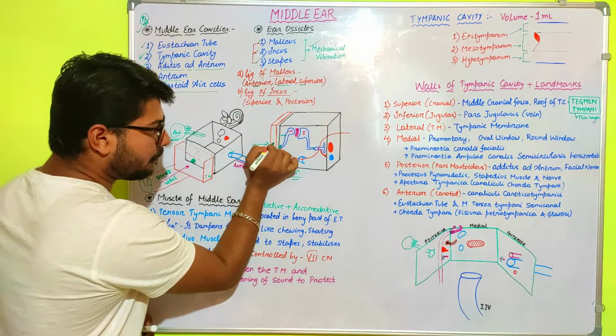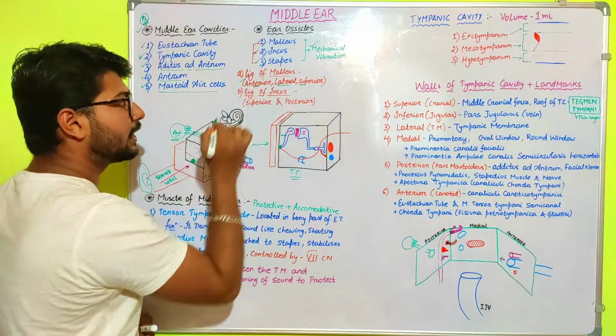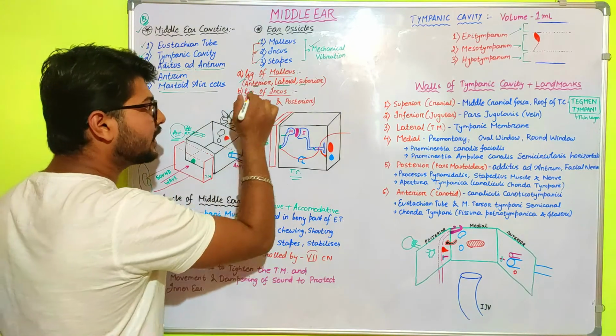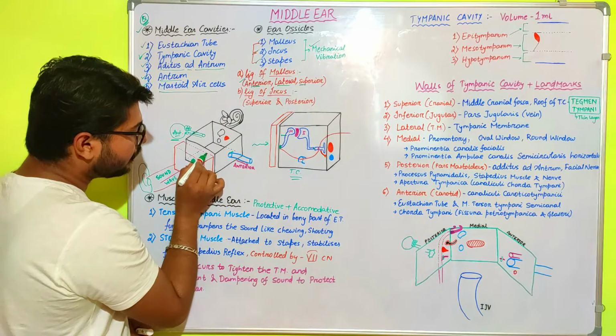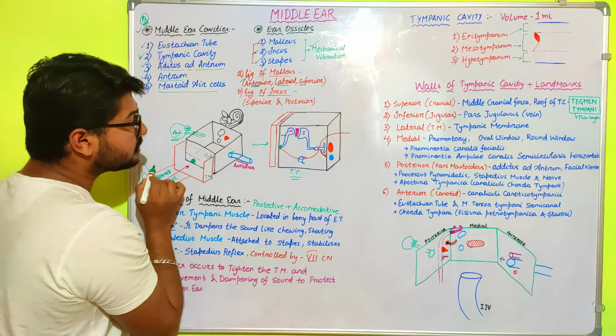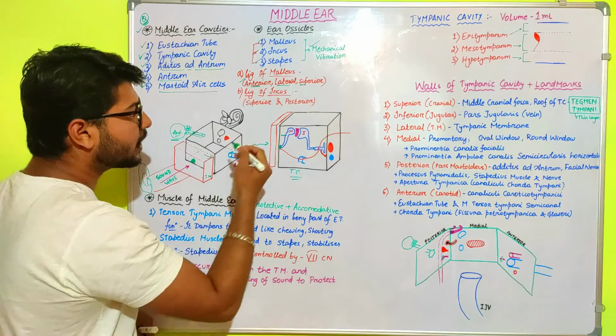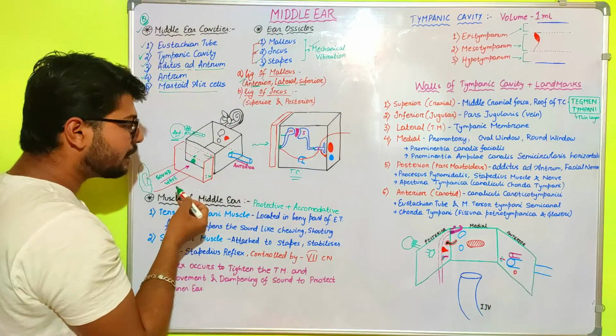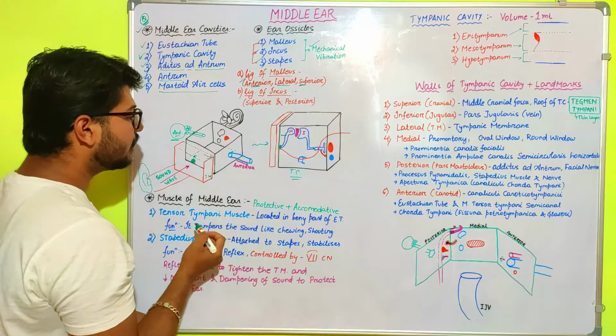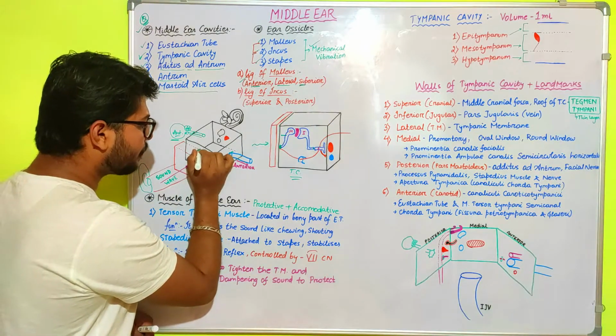So the malleus will be surrounded by the ligaments of malleus, and these three ligaments are anterior, means one will be connected in this anterior direction, the other one will be connecting towards the lateral direction, means it will be pulling towards the tympanic membrane, and thirdly it will be attached with the superior.